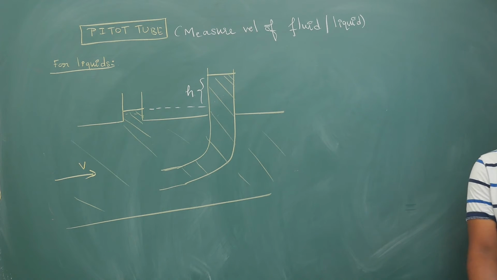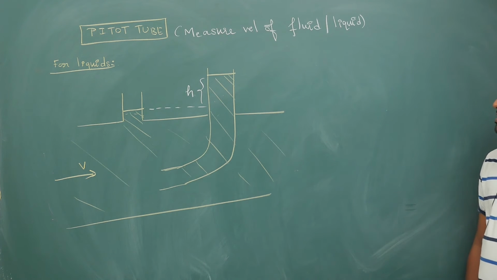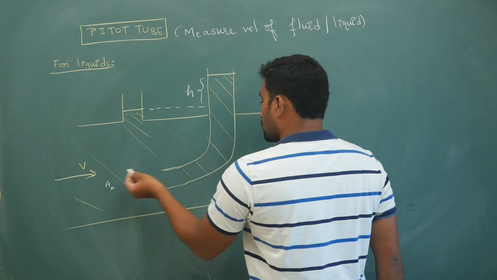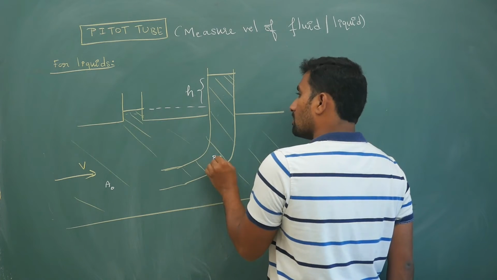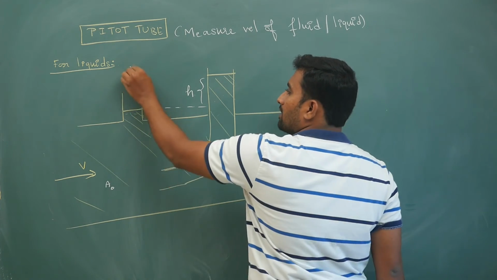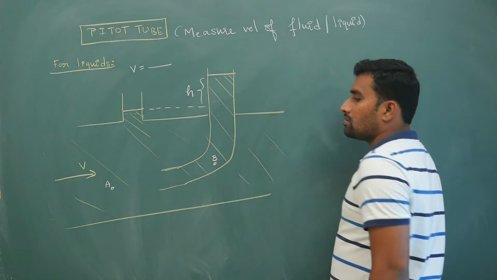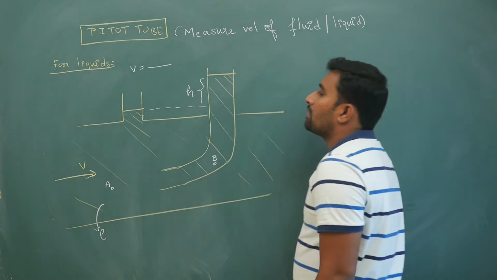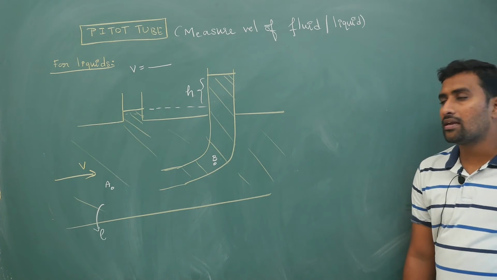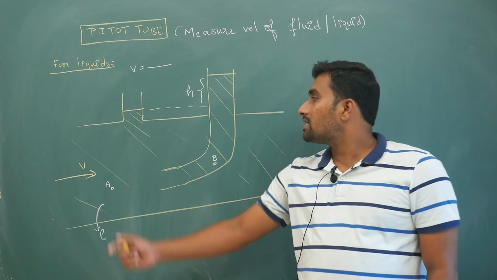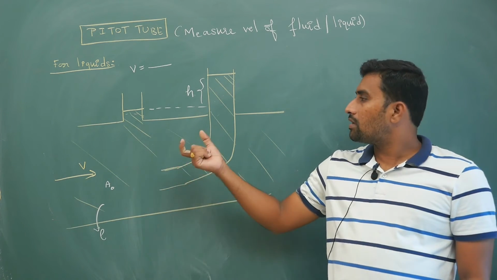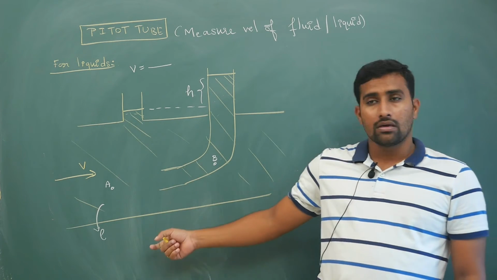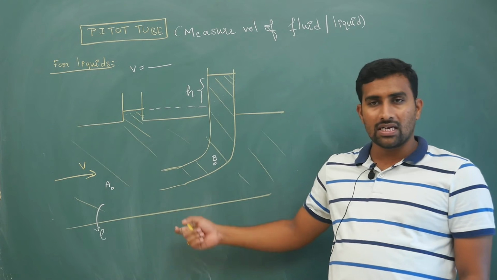In the pitot tube you are supposed to calculate your velocity v. Ultimately your target is v equal to how much? Density of liquid, you can assume it to be some rho. If you connect this pitot tube in series to the pipe while the liquid is flowing like this, you can get the value of velocity.